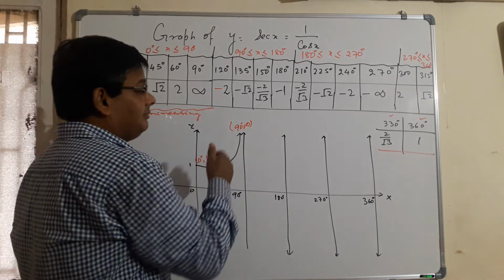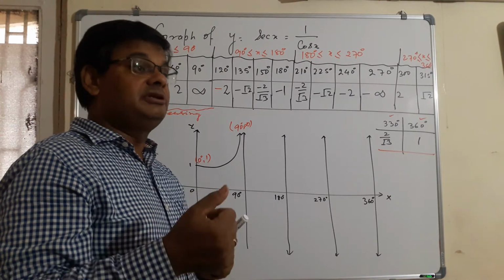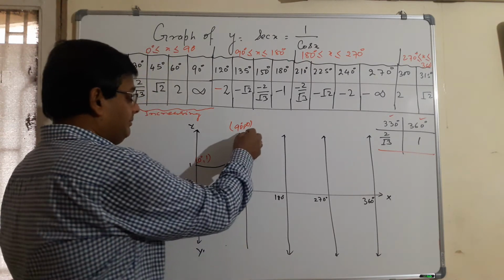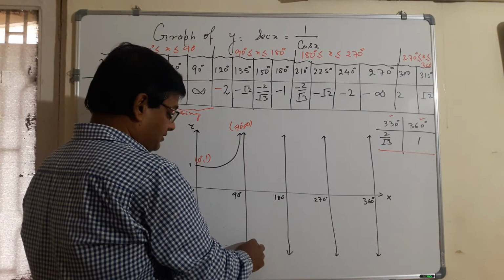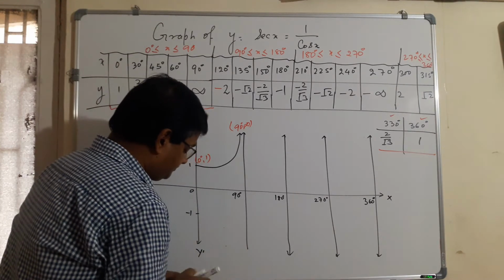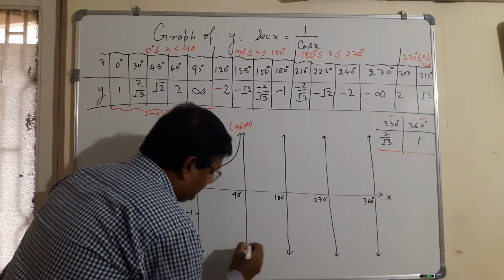So the numerical value will be very large with a negative sign, which means here it will be minus infinity. So the graph will start here from minus infinity.